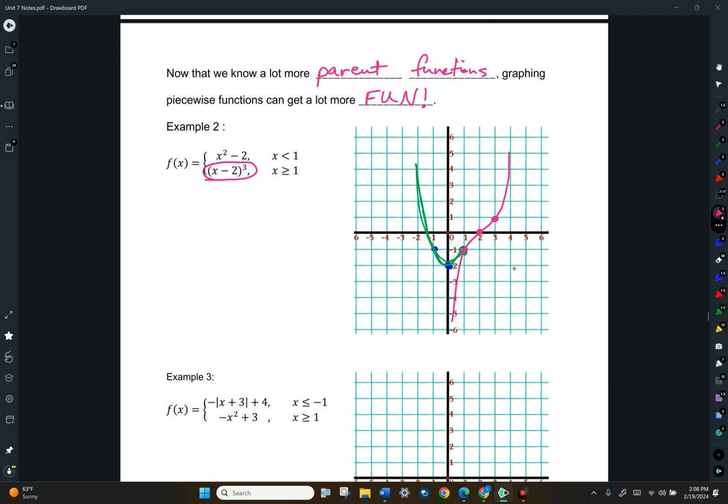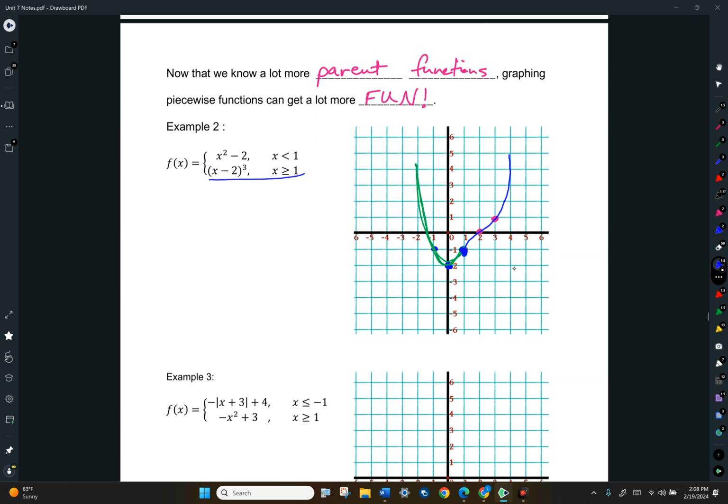This says I only want the part where x is greater than or equal to 1. So let's see. Here's where x equals 1. If I want greater than that, that means I want the right side. So I only want this part of the cubic. I don't want this part over here to the left. So that blue part would represent the piece that they're telling me.